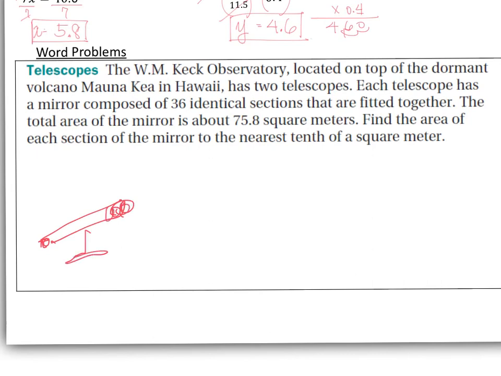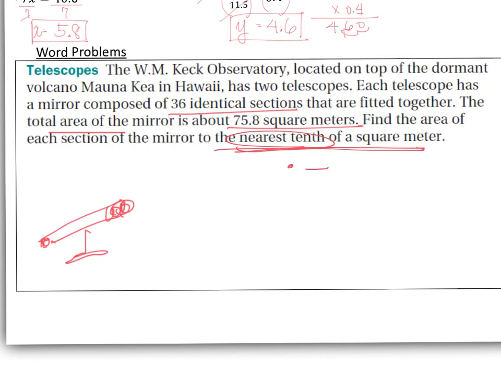With all these mirrors that are fitted together. The total area of the mirror is 75.8 square meters. Find the area of each section of the mirror to the nearest tenths of a square meter. Nearest tenths just means the decimal place right after the decimal.